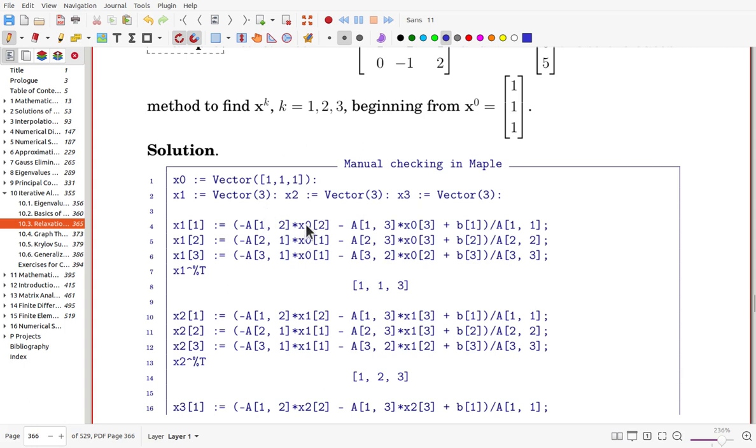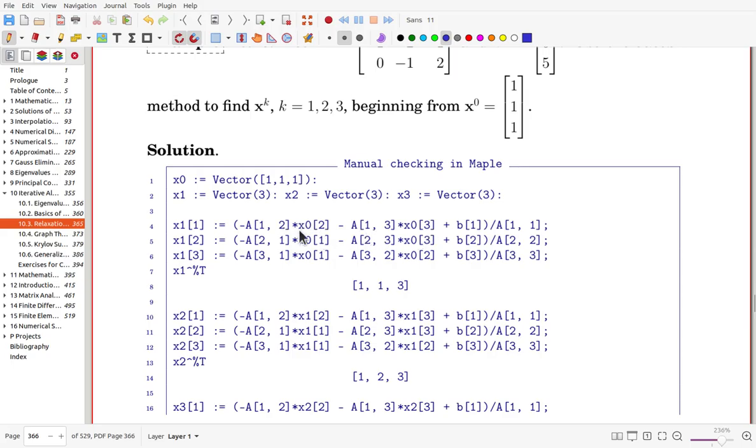From x0, we try to get x1. Now, for the first component of x1, we don't have a lower portion, and we have only the upper portion. So that is j from 2 to 3.